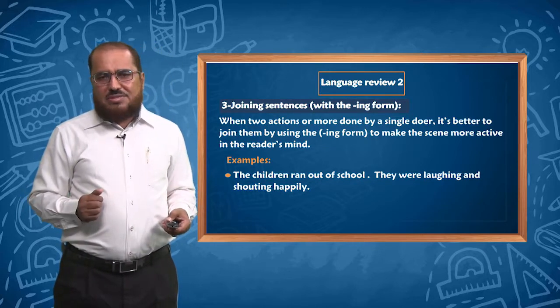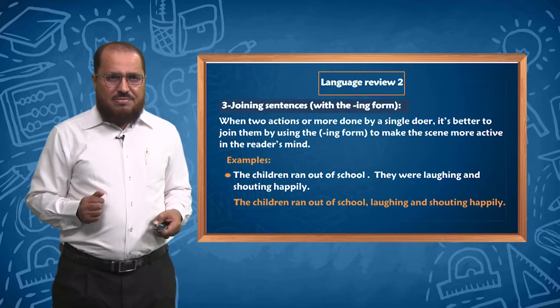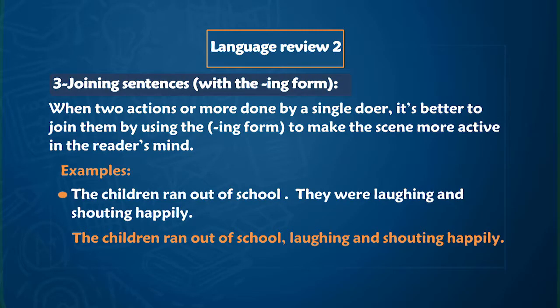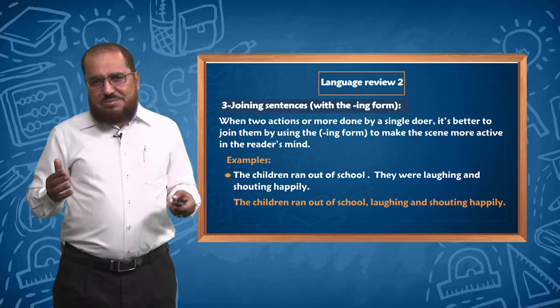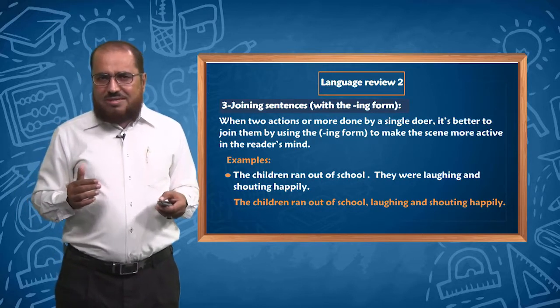Okay, how is that? Let's see. The children ran out of school laughing and shouting happily. How did the children run out of school? Laughing and shouting happily. So what happened here? What have we done?